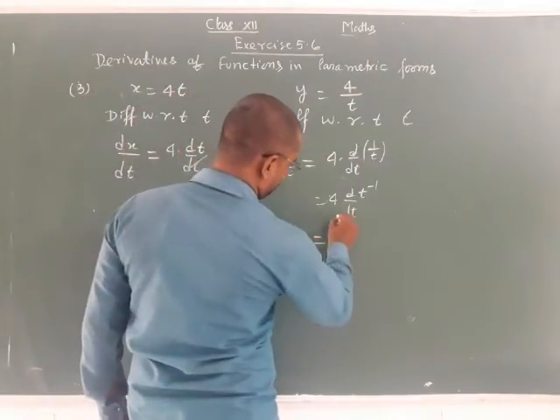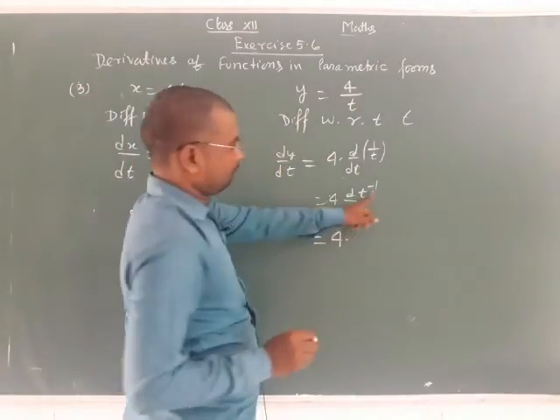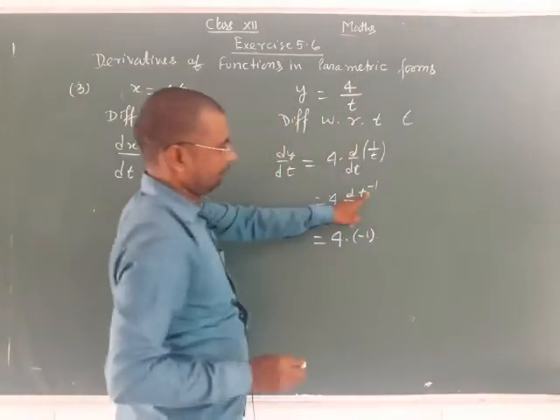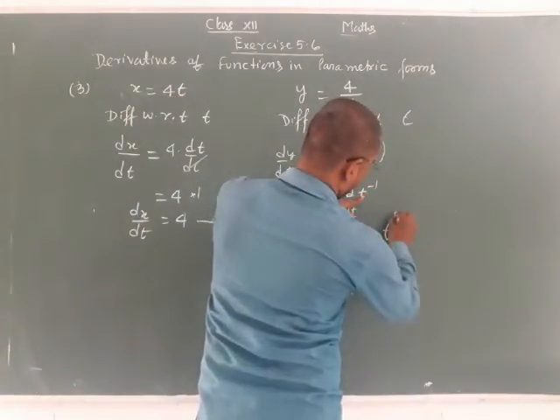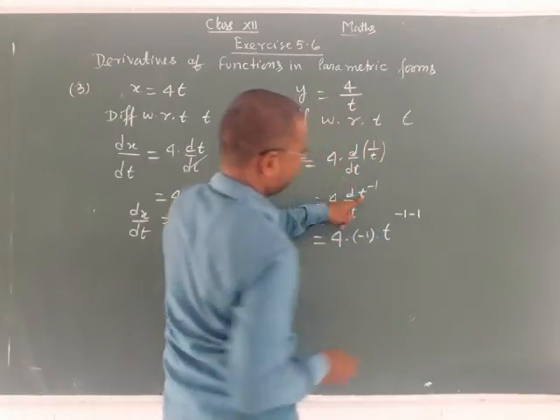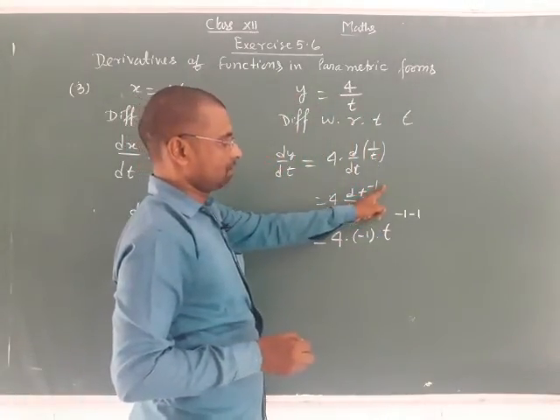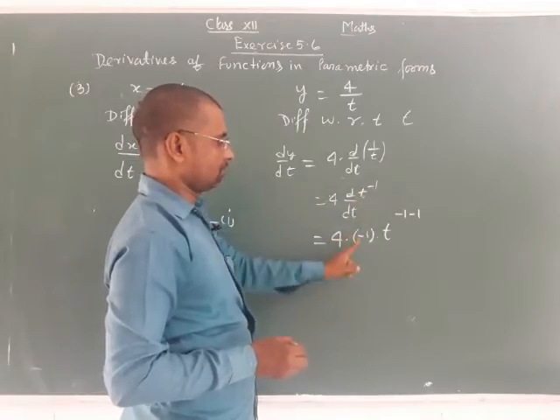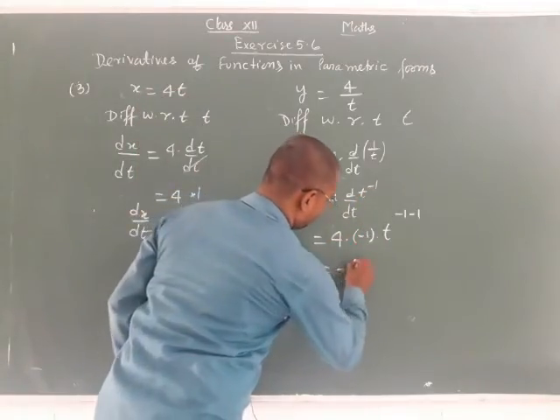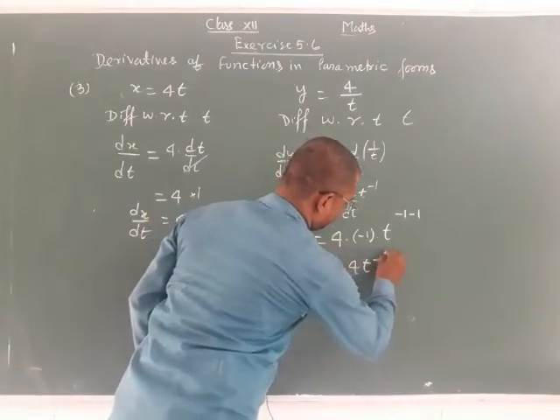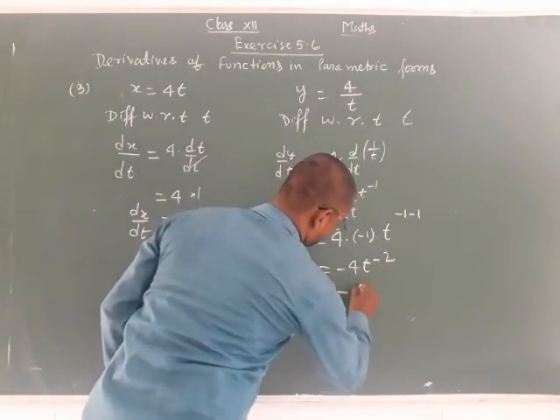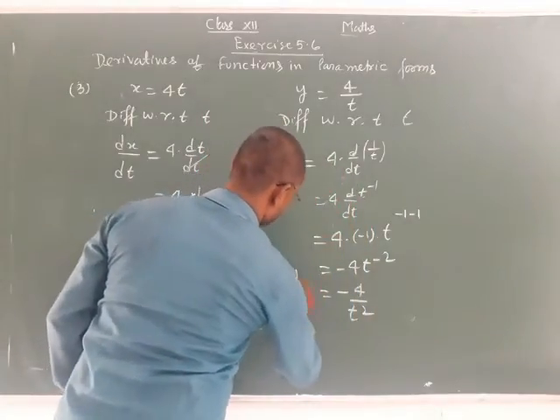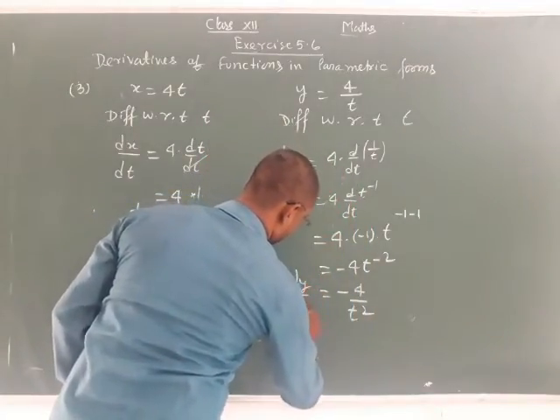So now 4 power minus 1 and t to the power minus 1 minus 1. So decreasing, minus 1 and n times t to the power n minus 1. So minus 4 t to the power minus 2, and also minus 4 upon t square, and this is dy upon dt.